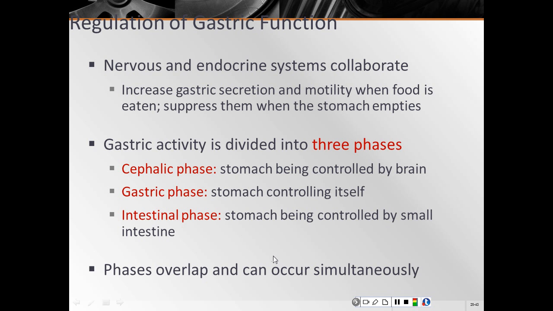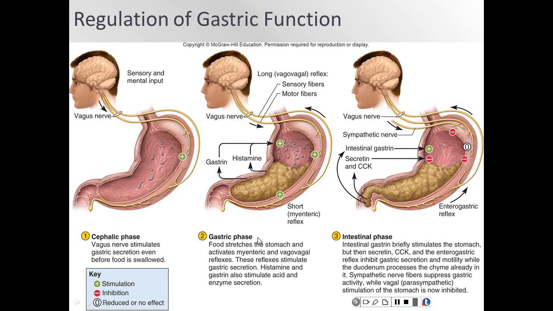So let's look at the cephalic phase. Here's our cephalic phase. This is the phase in which the stomach responds to the mere sight, smell, touch, or even thought of food. So if you're hungry right now, you're dealing with the vagus nerve. We're dealing with the cephalic phase.